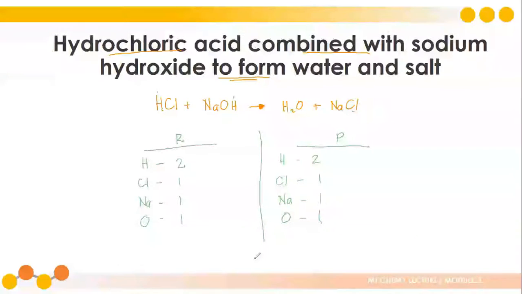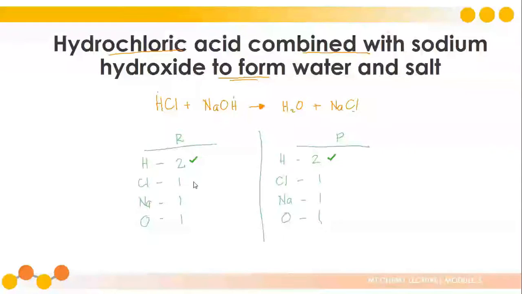Let's now check if the equation is balanced or not by simply looking and comparing the number of atoms for each of the elements. Starting with the hydrogen on the reactant side, we have two. On the product side, we also have two hydrogen, indicating that the number of hydrogen in both sides are balanced.